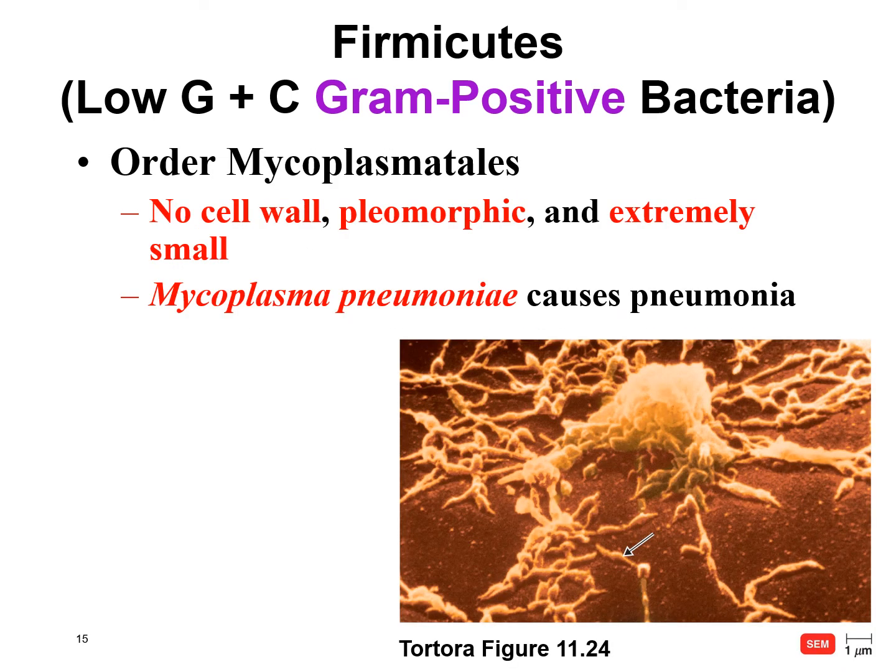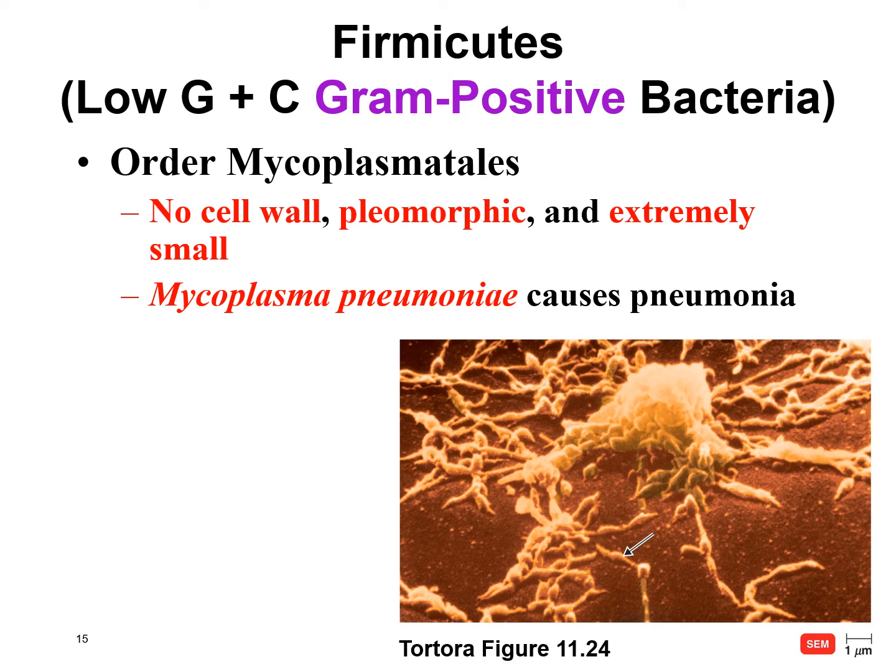Okay, and then our last gram-positive bacteria we're going to be talking about is Mycoplasma pneumoniae. This one is a bit unusual. It does not have a cell wall, and it's the smallest bacteria that we know of so far.